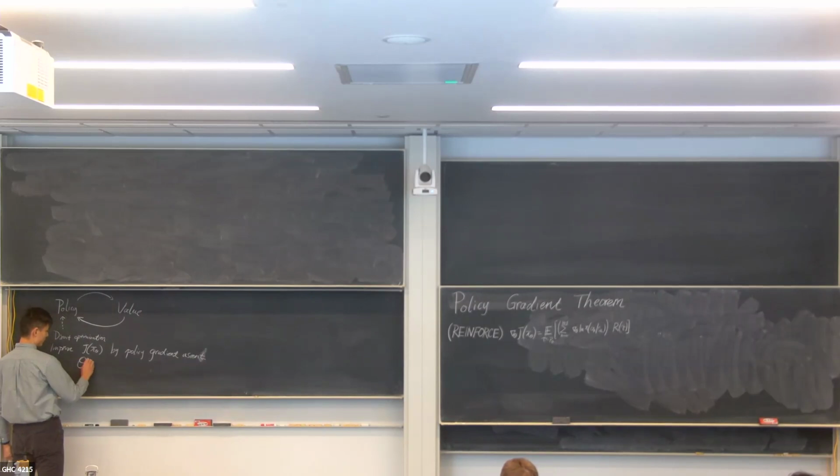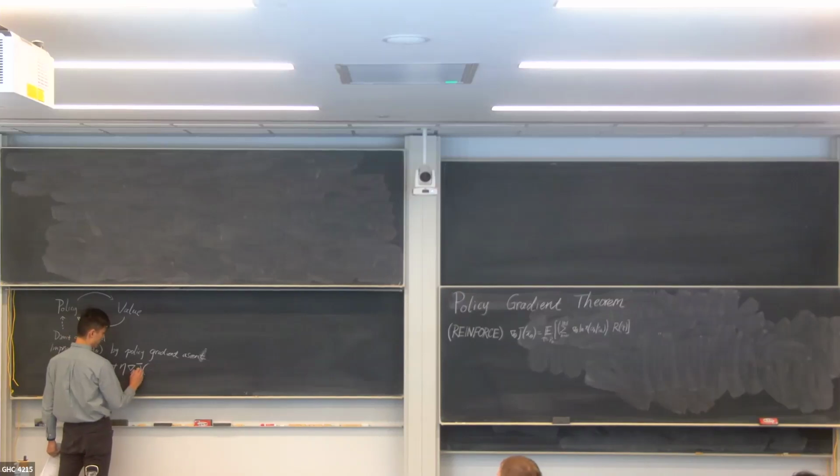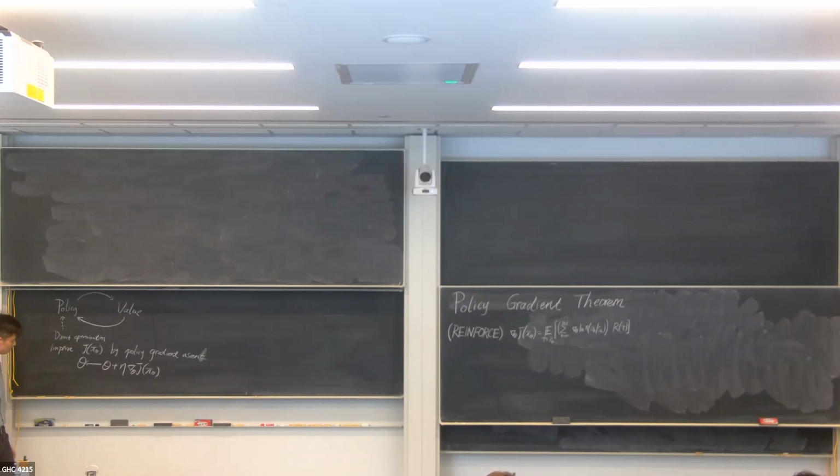That usually means you add in some gradient that the total reward function points you to, right? The total reward function gives you some local improvement, some direction that provides at least a local improvement.